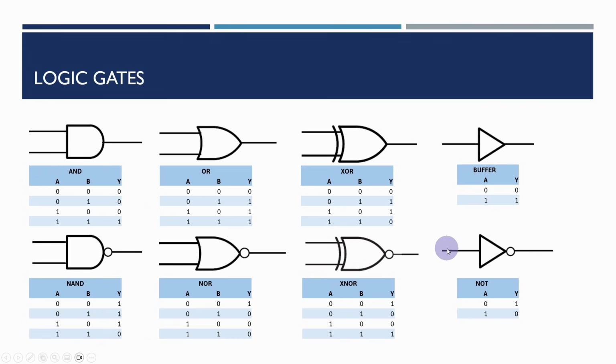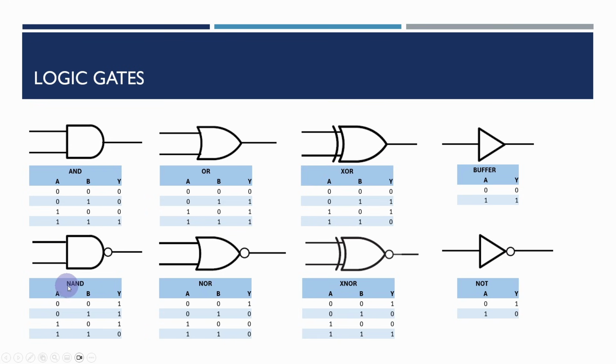Now the NOT gate is something we've actually looked at already, and this is just an inverter. If you put a 0 in, you get a 1 out, and a 1 in, you get a 0 out. So effectively you could take these three here, combine them with an inverter, which as we saw may be as simple as adding 1 or 2 transistors to the output, and it would make one of these. So this is basically this with an inverter on the end of it.